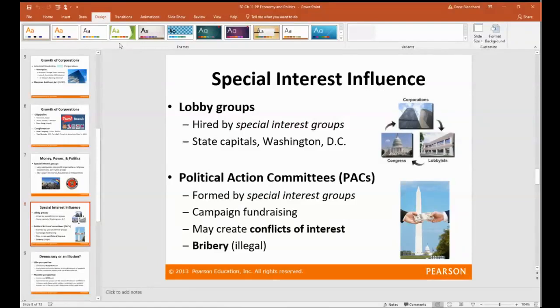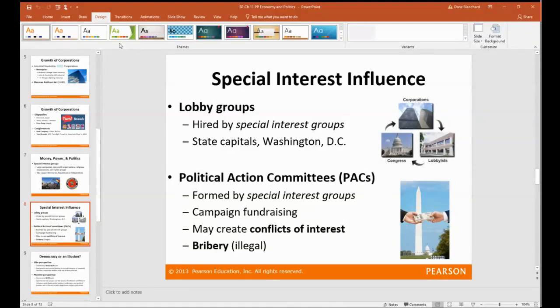So lobbying groups, these are groups that are hired by special interest groups. So they're going to be hiring people that believe in their particular interest, whether it's civil rights of marginalized groups, certain religious beliefs, or huge companies and organizations that are trying to maximize profits.